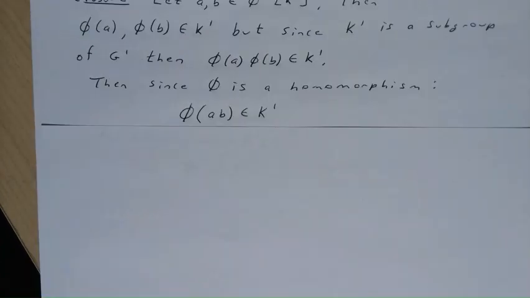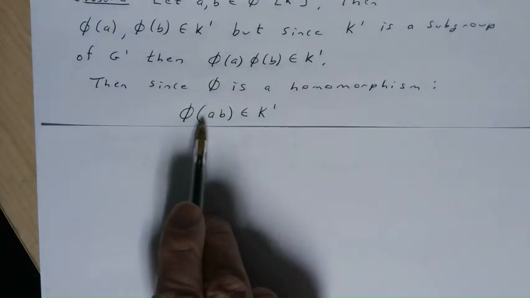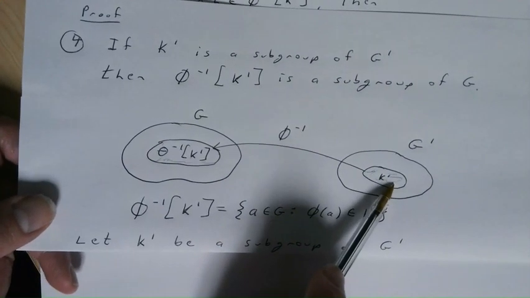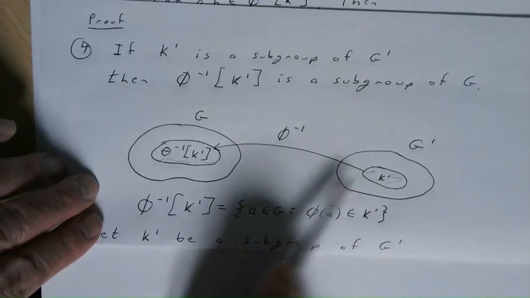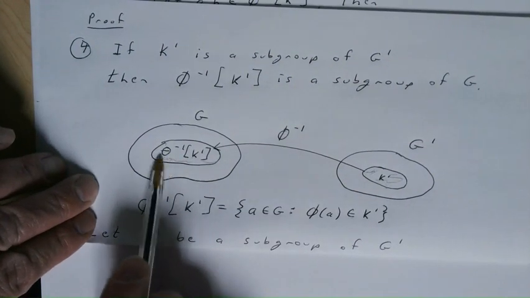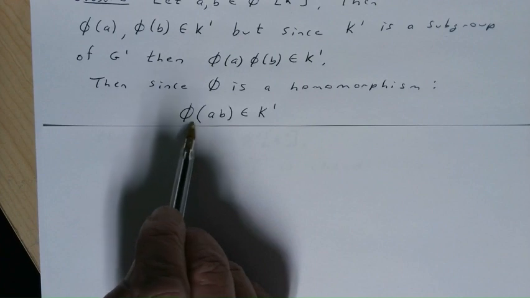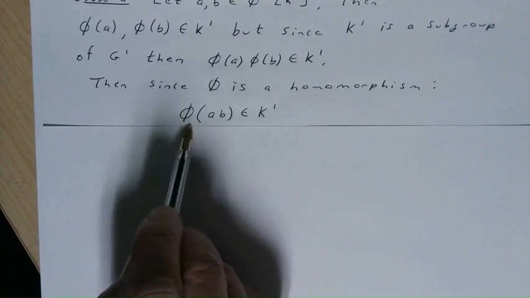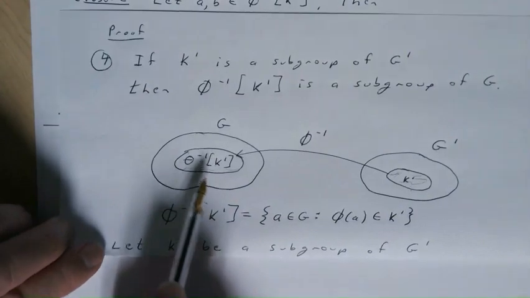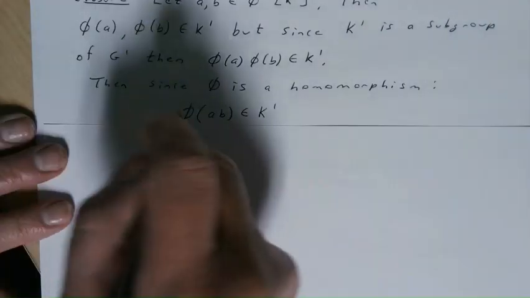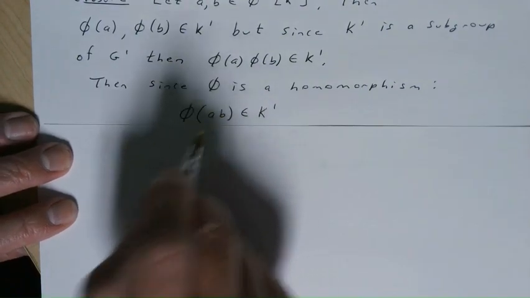And now, since phi of AB is in K prime, that means there was something in this set back here that mapped to that, specifically AB mapped to something in K prime. In other words, phi mapped AB into K prime. That means AB must be in this set here, and specifically the product AB.